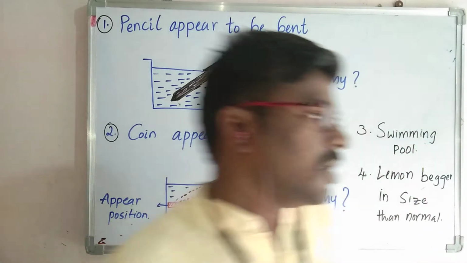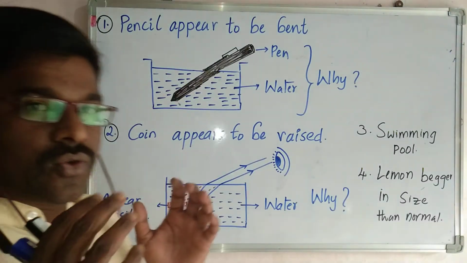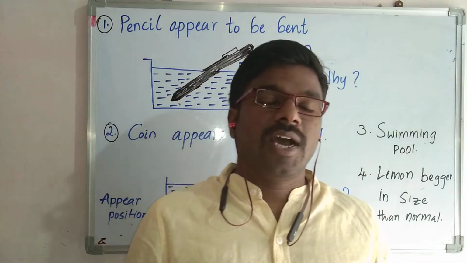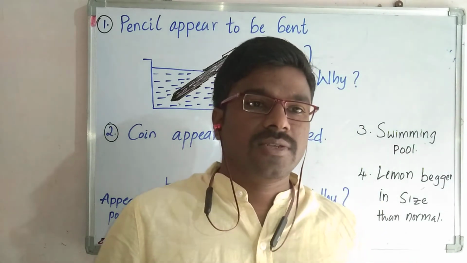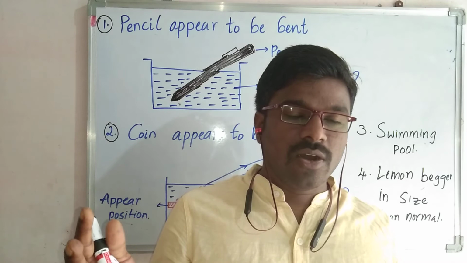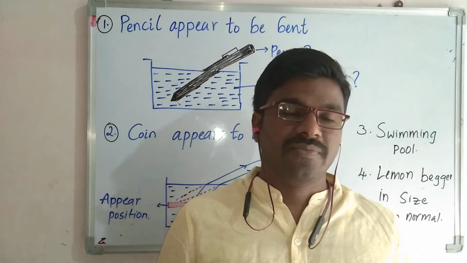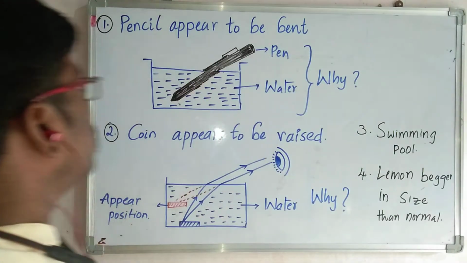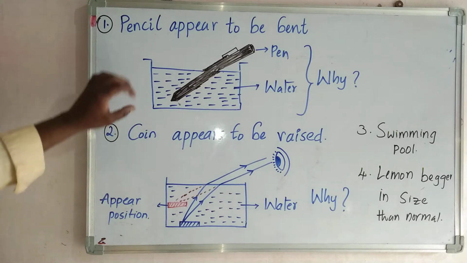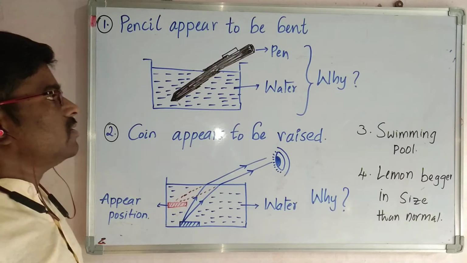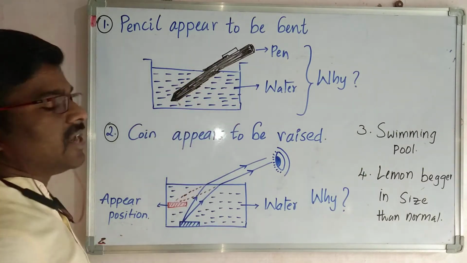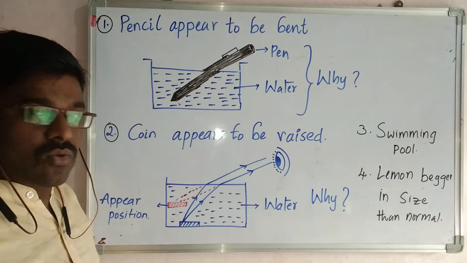Okay, before going to that topic, I would like to give some hints about things which happen in our daily life. So let's start. If you observe here, there is one glass tumbler which is filled with water.